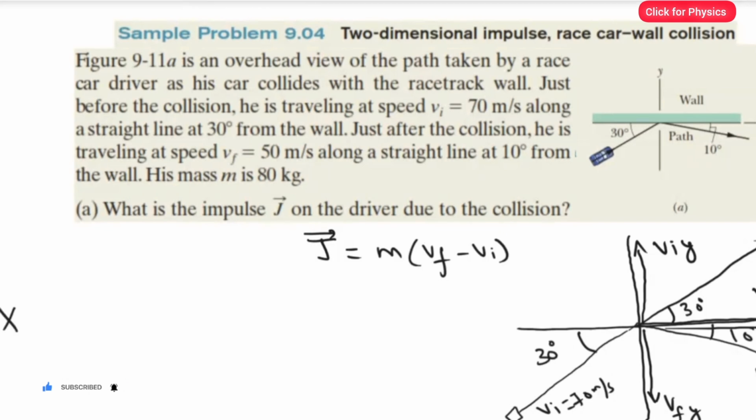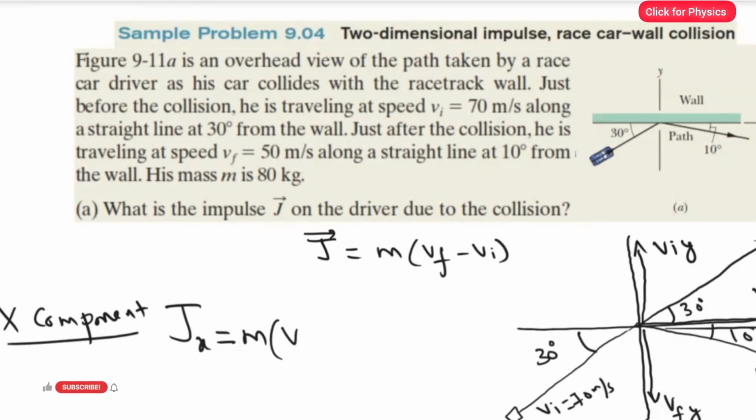Finding the x component first, what do we have to do? We write this rule as J of x, which is equal to mass, which is a scalar so we keep it separate, multiplied by the final speed, that means V f of x minus Vi of x.